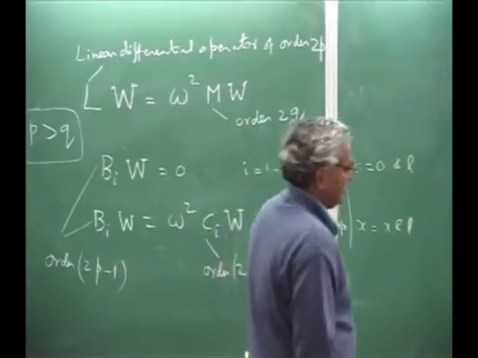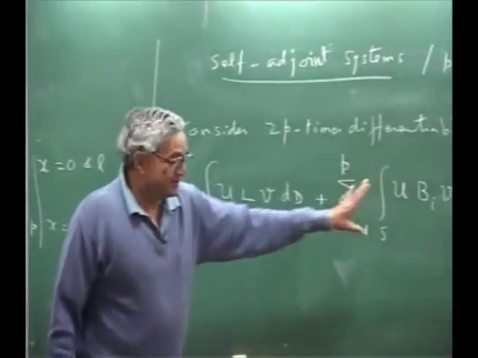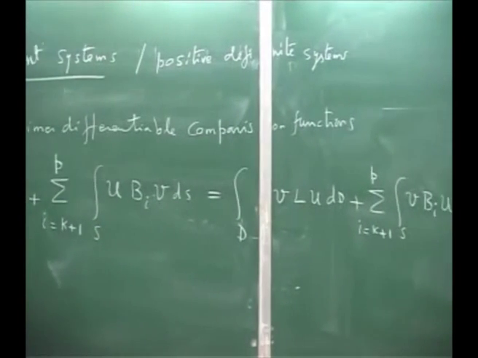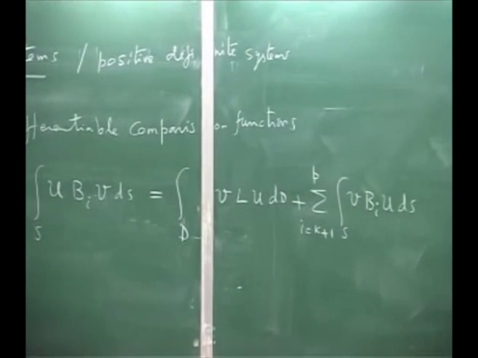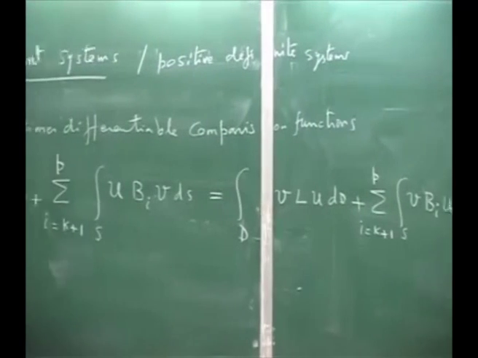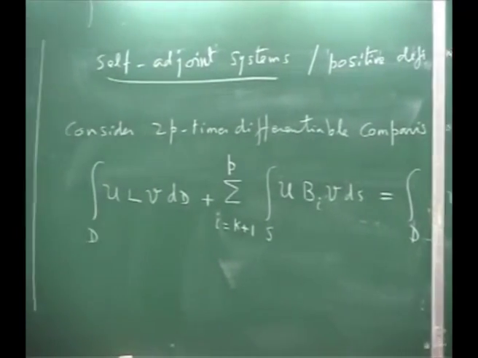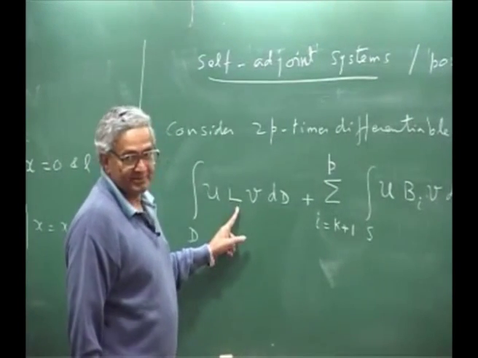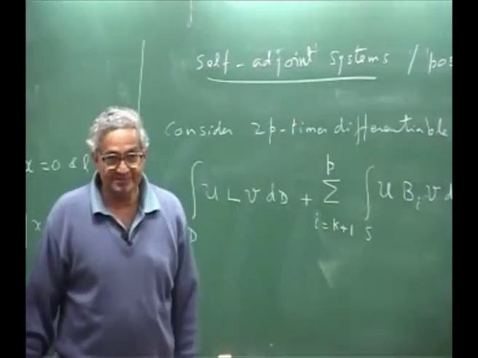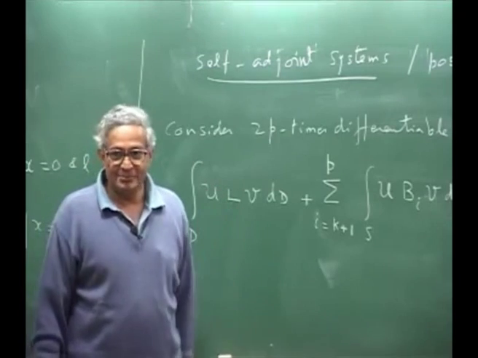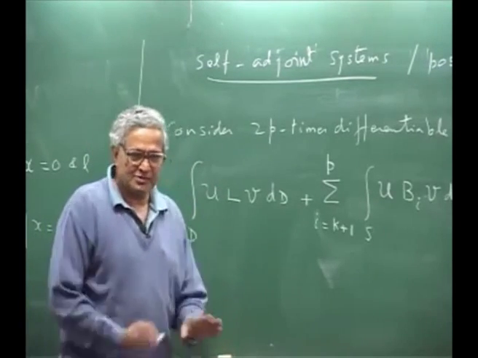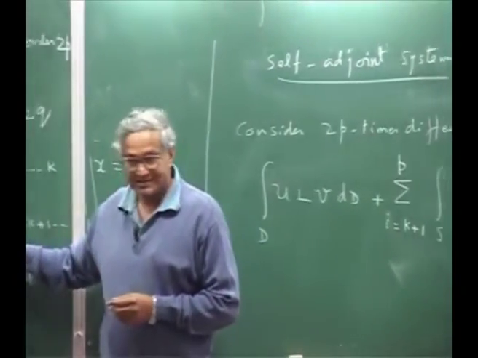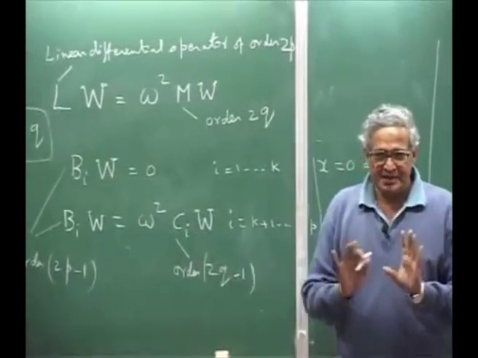If this is satisfied, where U and V are any two arbitrary comparison functions, then L is self-adjoint.